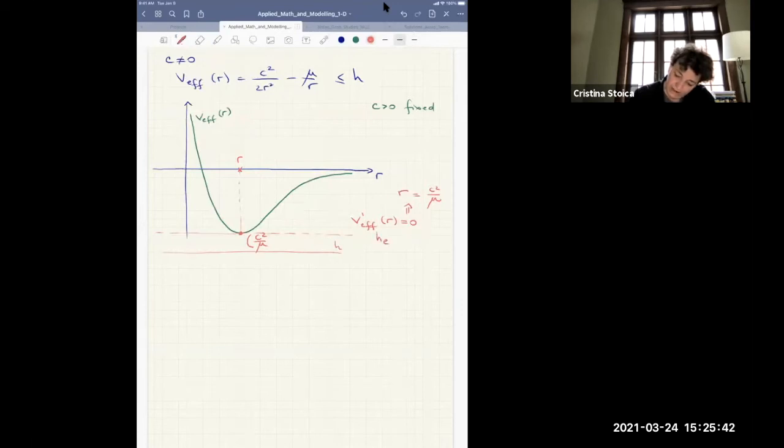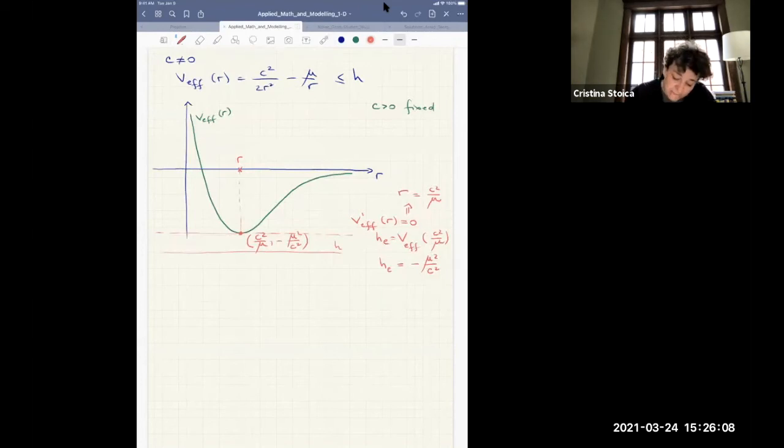So let's say HE, you'll see why I call it E in a second, is V effective at C squared over mu. So this HE is minus mu squared over C squared. It's the level of energy where the bottom of this effective potential is.